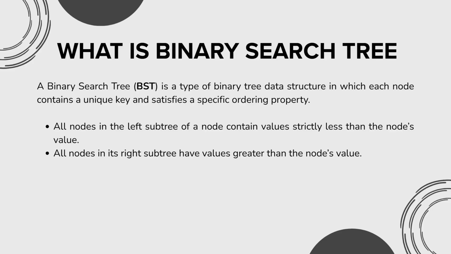And any value bigger than 50, like 60, 70, or 90, should go to the right side of our tree. Because of this rule, searching becomes faster because we already know where to look.